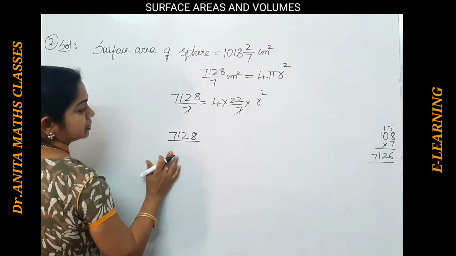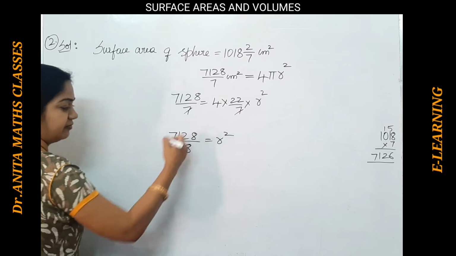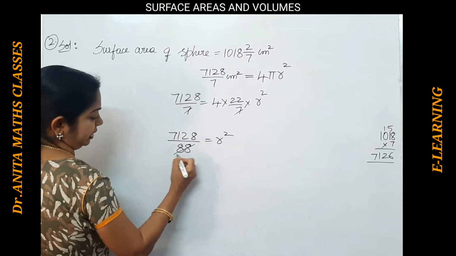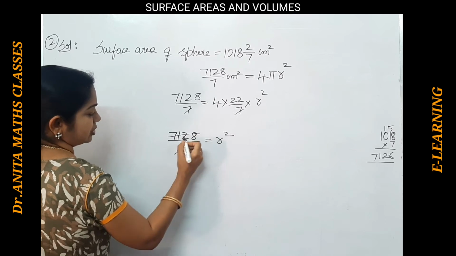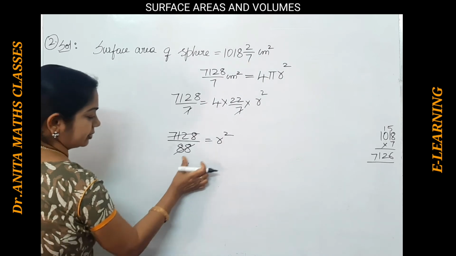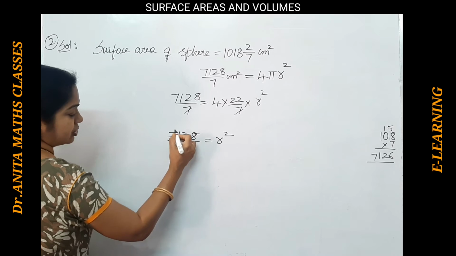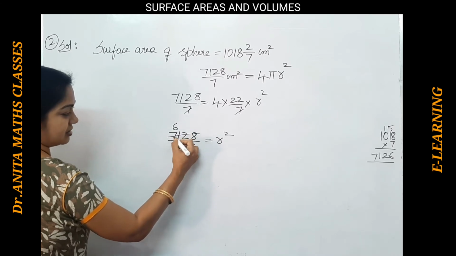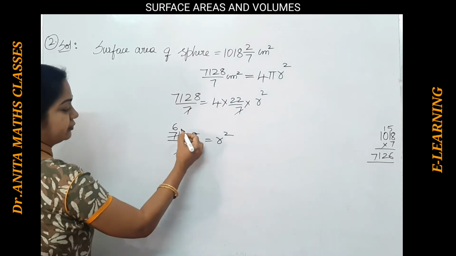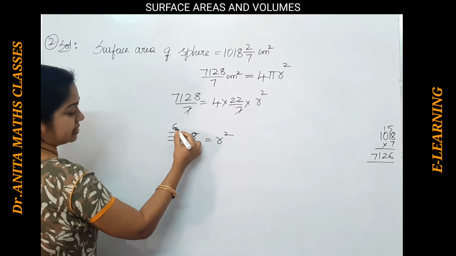So that is, so 4 into 28 is 88 we can take. So r square. We will simplify it first. So let me take with 11 table directly, 11 8s, okay. So 11 6s are 66. So what is left over here? So 5 is left over, 52. Yes, 11 6s are 66.